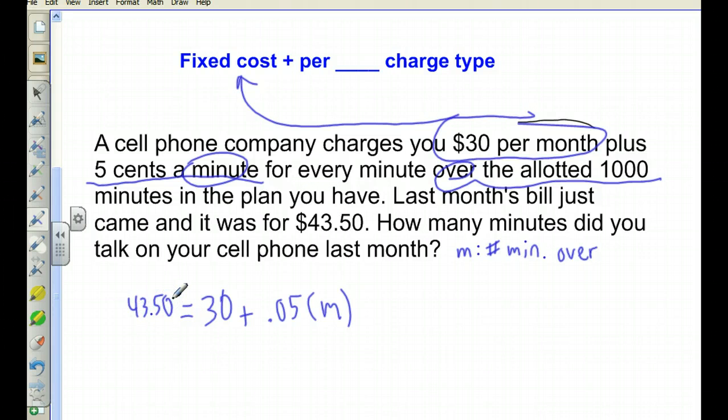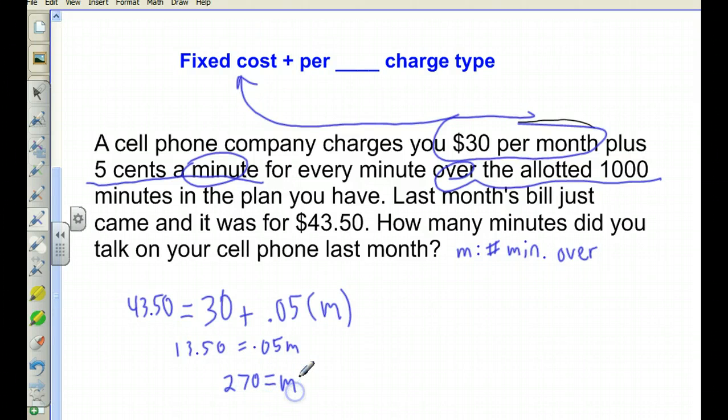We'll go ahead and solve that. And you get $13.50 equals 0.05 M. When you divide by 0.05, 1350 divided by 0.05 is 270. So 270 equals M.